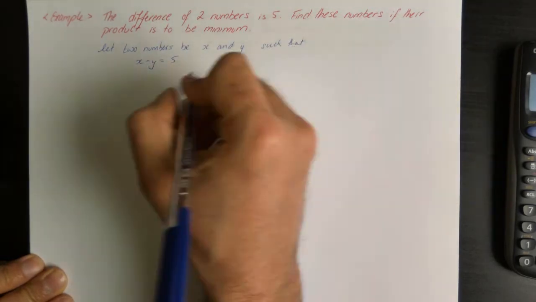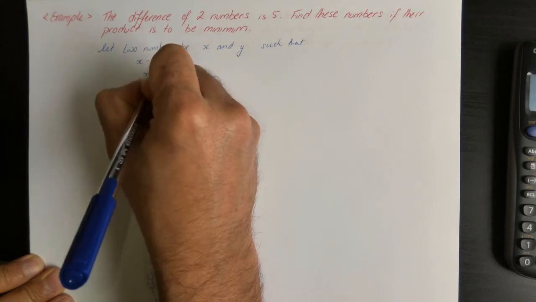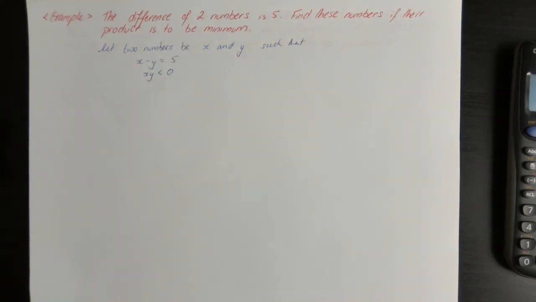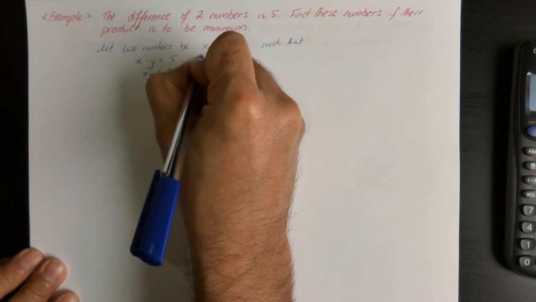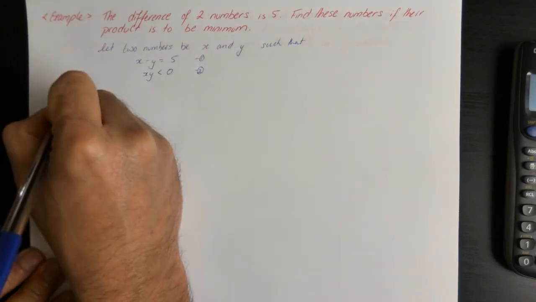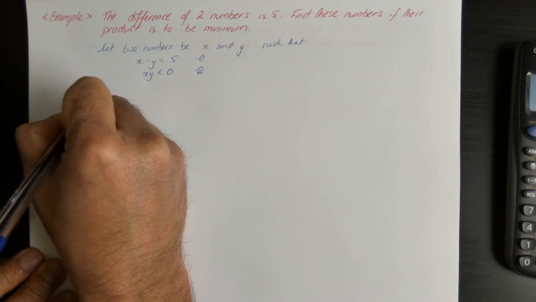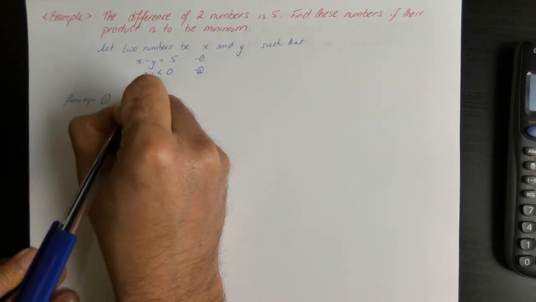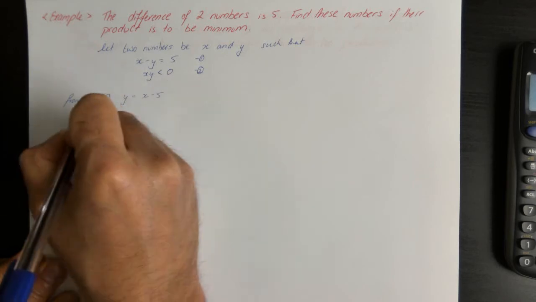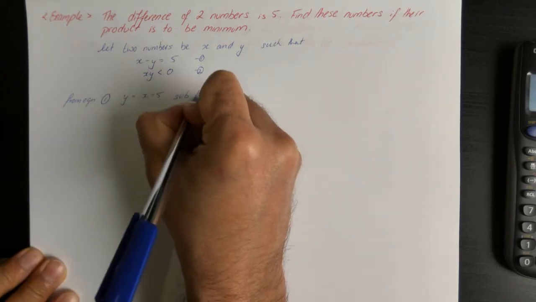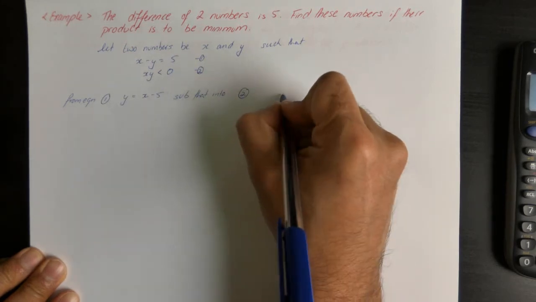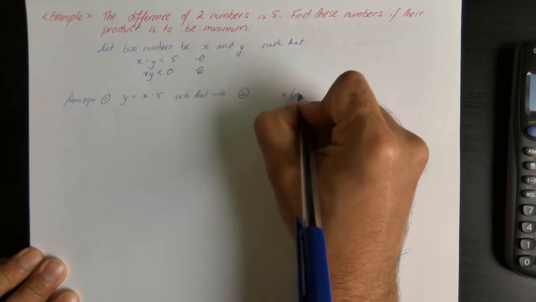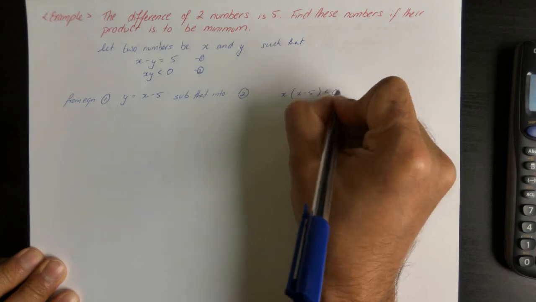Find these numbers if their product is going to be a minimum, so the product is going to be less than 0. From equation 1, I get y equals x minus 5, and subbing that into 2, we get x times x minus 5.